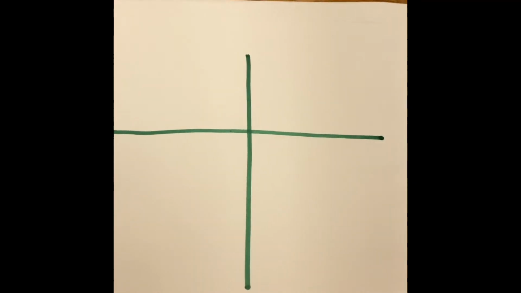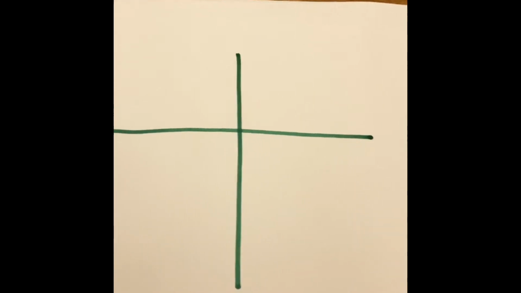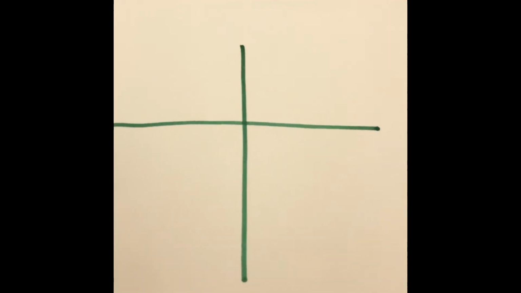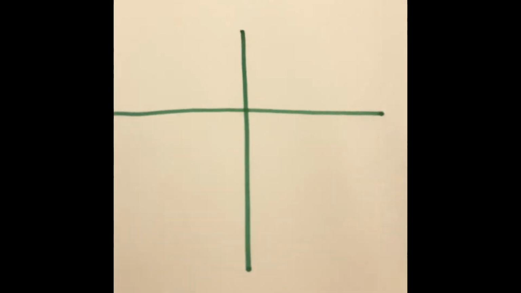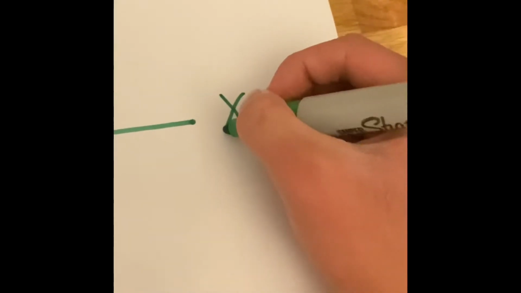If you ever learned in your science classes about independent and dependent variables, that represents the x and y variables. The horizontal line that's flat on the ground is your x-axis.